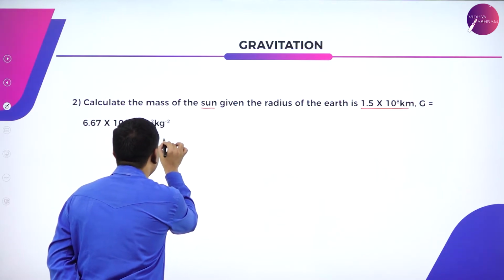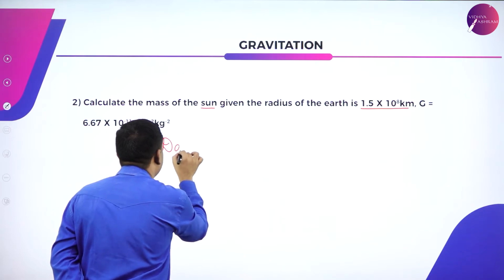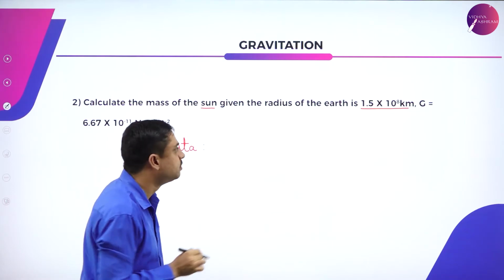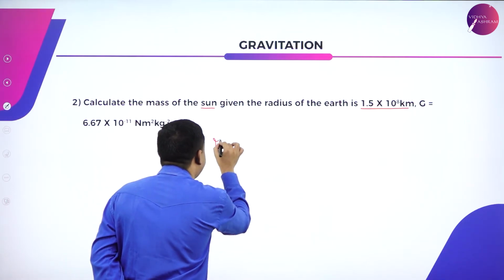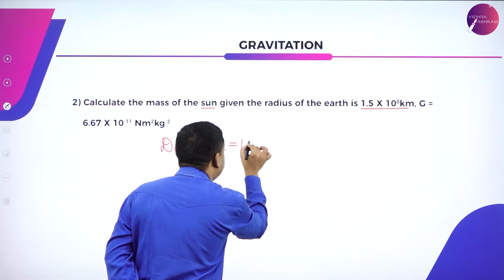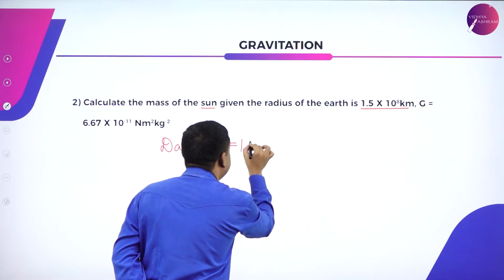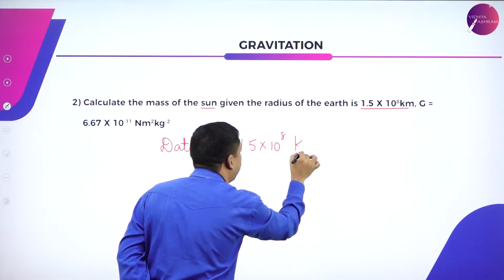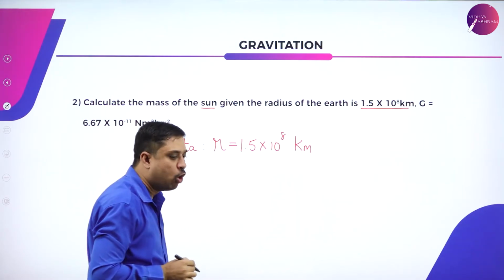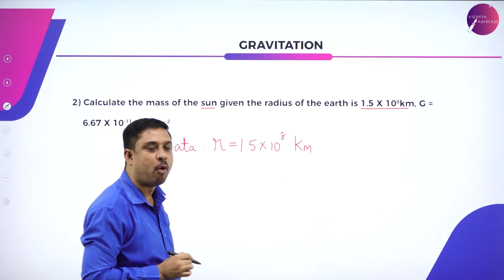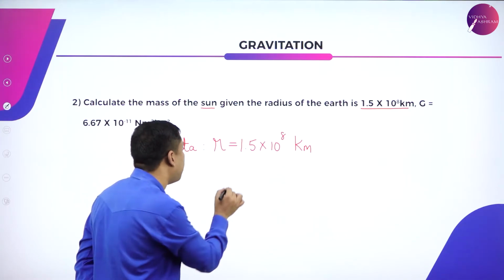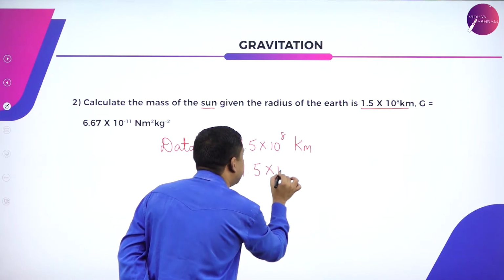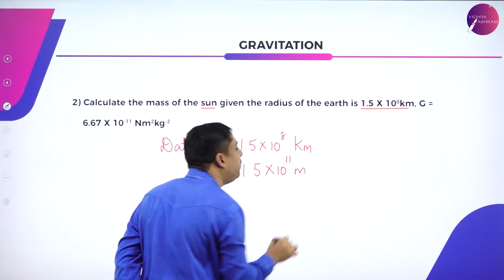Now, I will first collect the data. Radius of the orbit in this case is 1.5 into 10 power 8 kilometers, which on simplification is 1.5 into 10 power 11 meters.